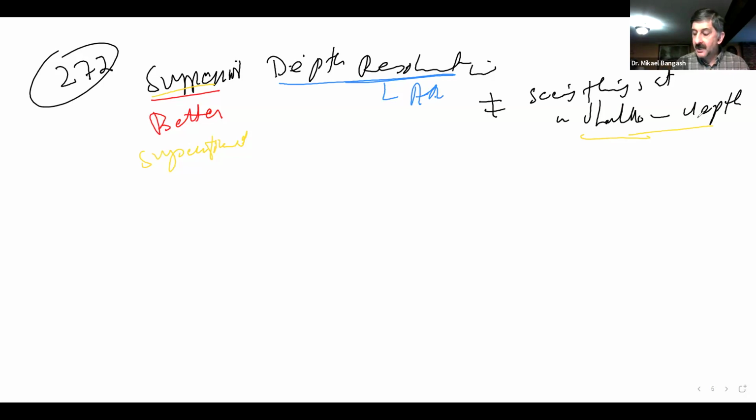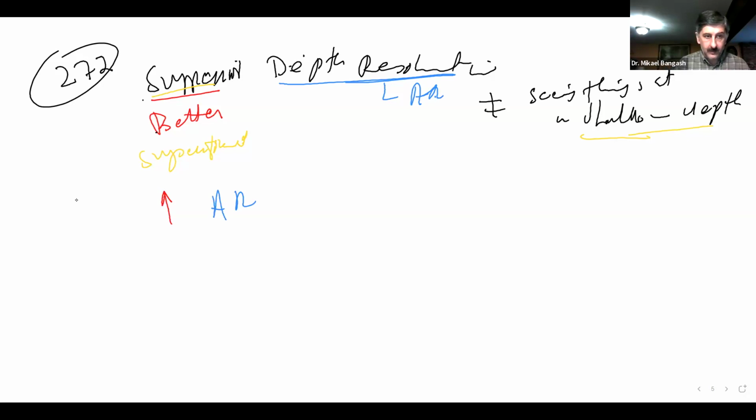Which of the following changes will create such a system? So our thing here is, to get a better axial resolution, how do we get it?